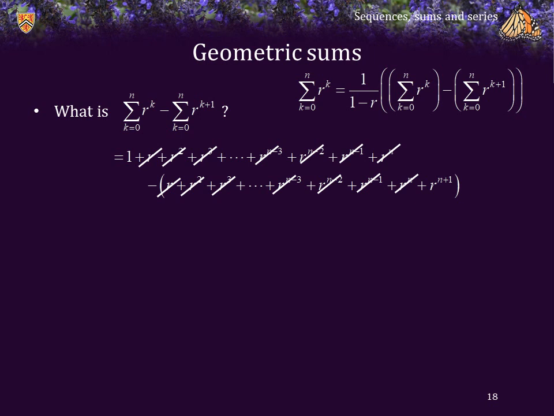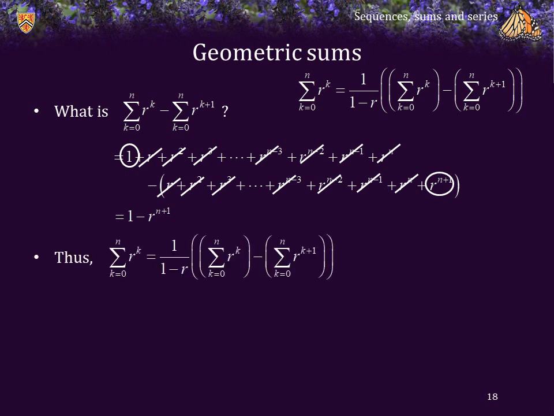The only terms left now are 1 and minus r to the n plus 1. So this difference of sums is just 1 minus r to the n plus 1. So we can substitute that into the formula to get this formula here, which can be rewritten in the format you saw in secondary school: 1 minus r to the n plus 1 all over 1 minus r.